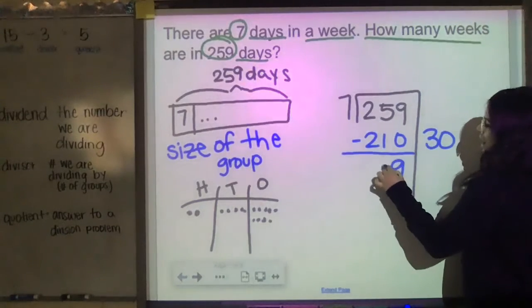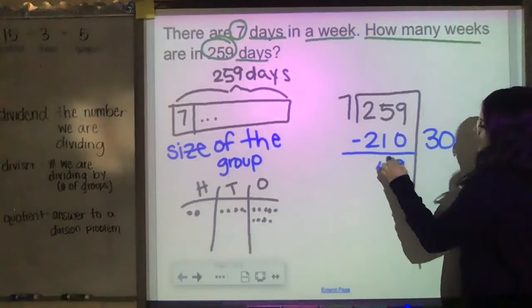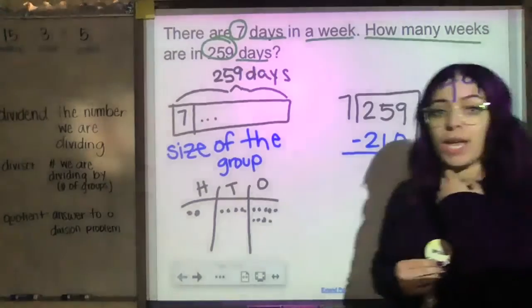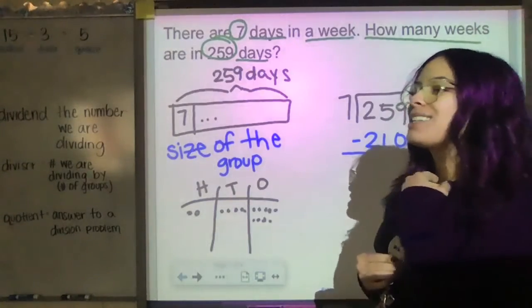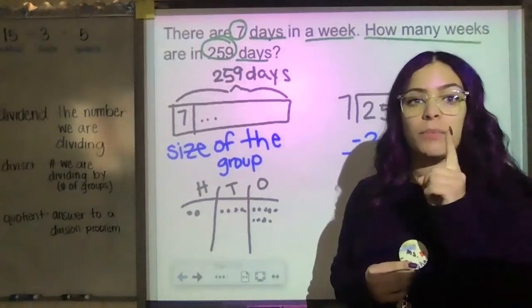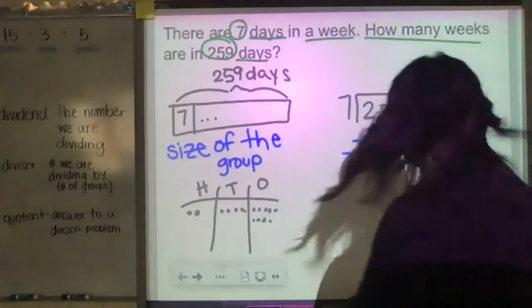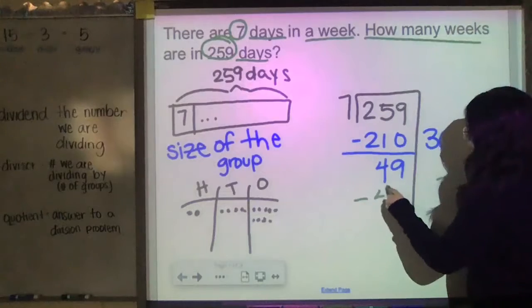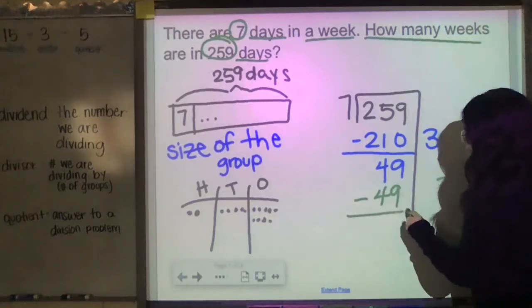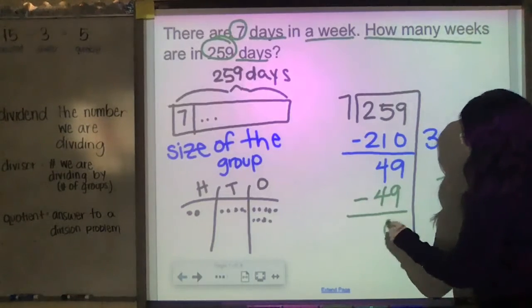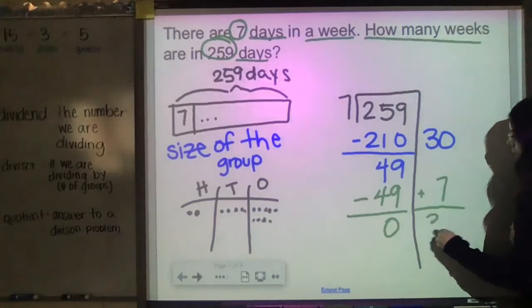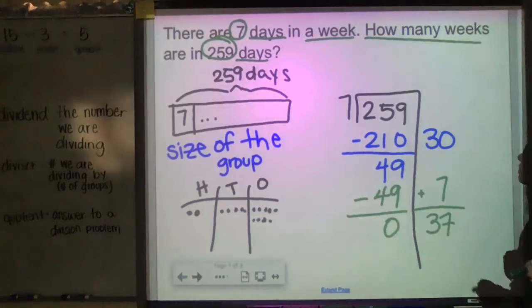And then I have a remaining 49 days that I need to group into 7-day weeks. So now I think, wait a second, 49? That sounds familiar. I know that 7 times 7 is 49. And when I do that, I end up grouping the remaining part of those days. And in total, when I think about how many weeks I ended up grouping, my answer becomes 37.